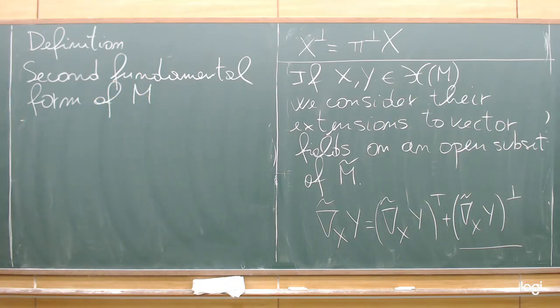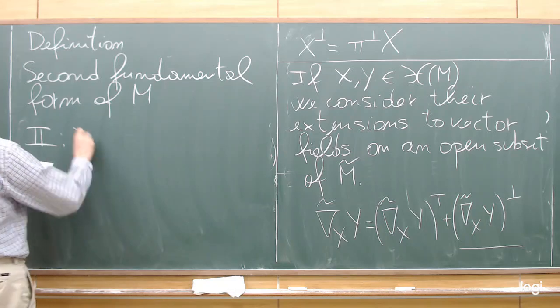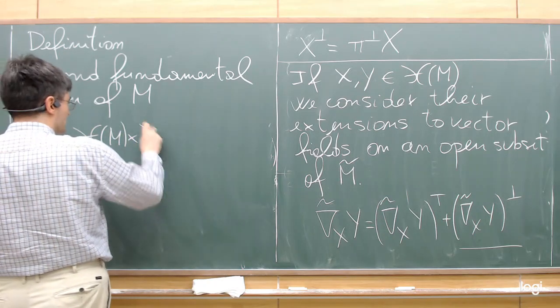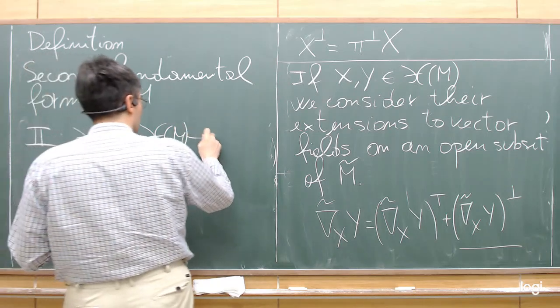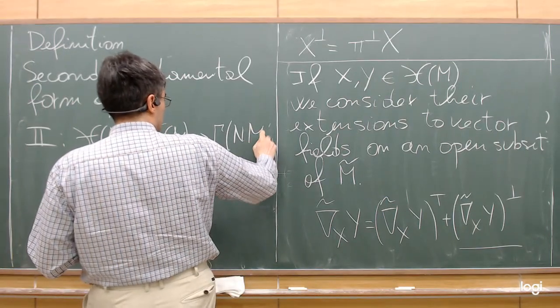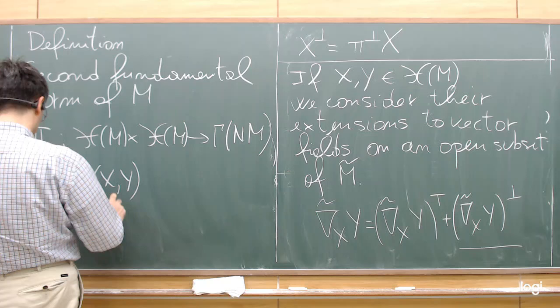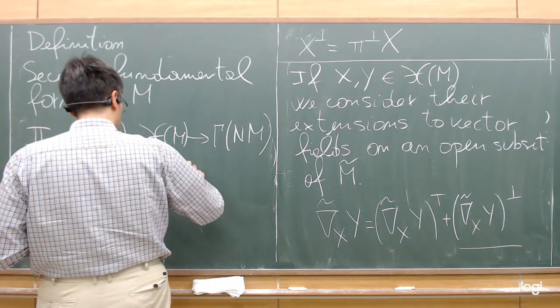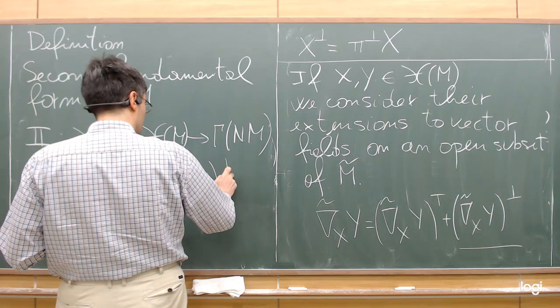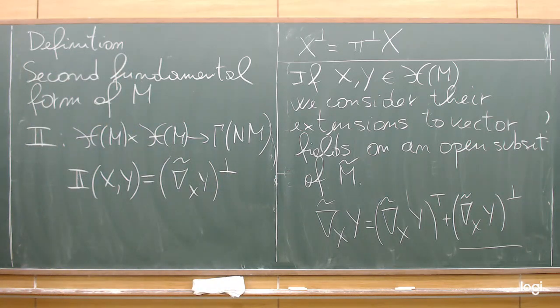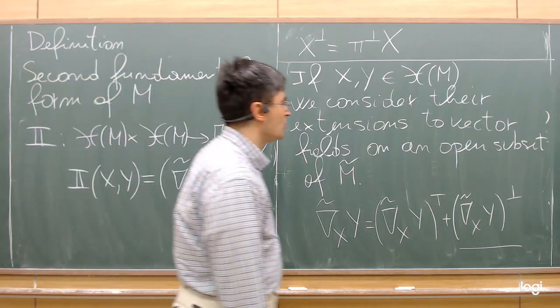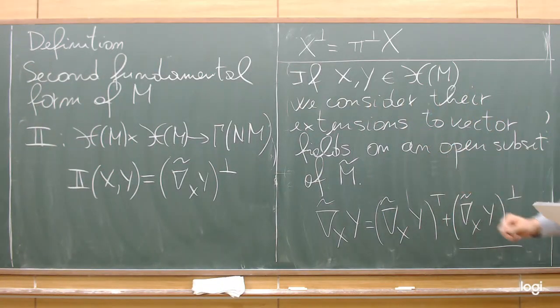We define the second fundamental form of M as a map denoted by this symbol, II, from Gamma of TM times Gamma of TM into Gamma of NM, writing II of x y equal to nabla tilde x y orthogonal, where x and y are, of course, the extensions I introduced here.